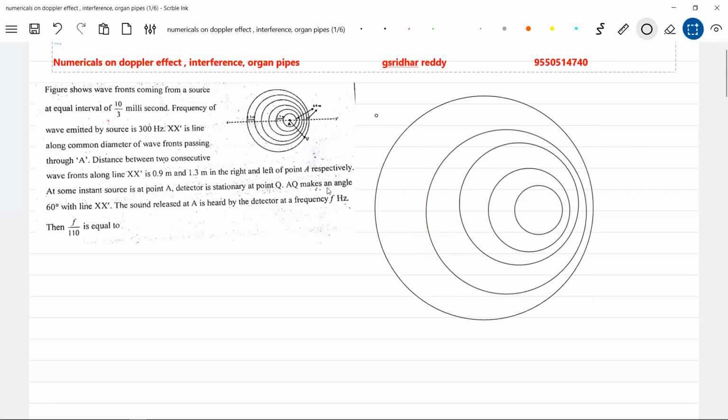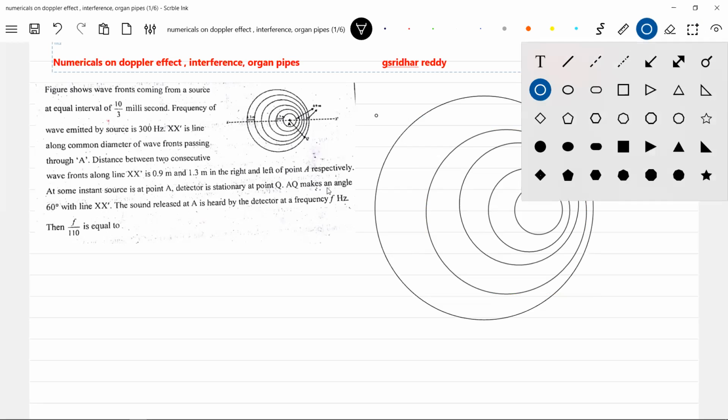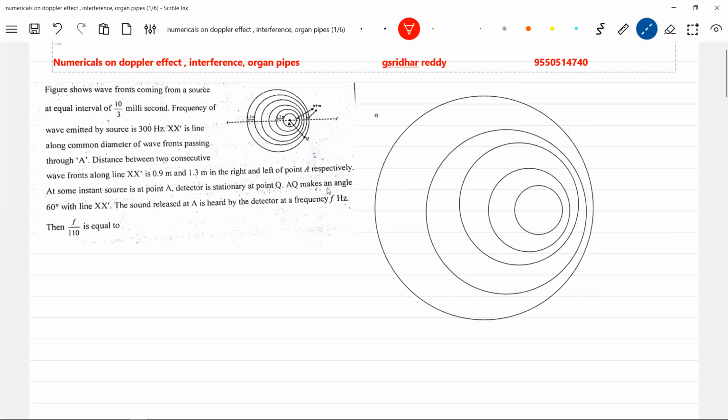Okay, so this is the thing. Now we'll take this reference line, that is the x dash. So what is this distance? This will be a constant. So how much is it? 1.3 meter. What about this? This will be 0.9.